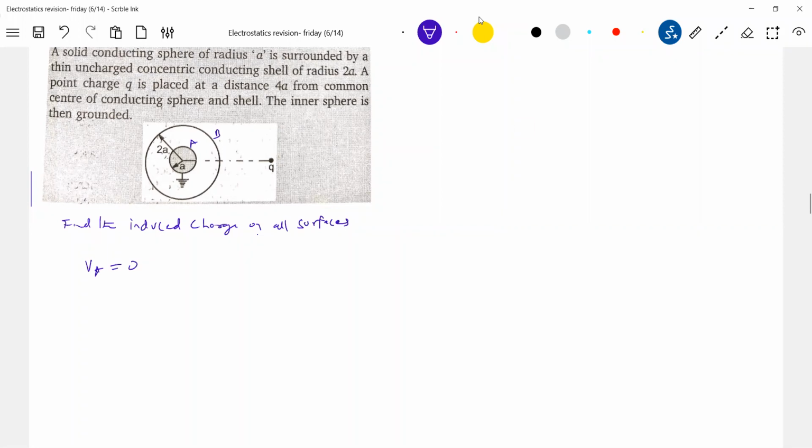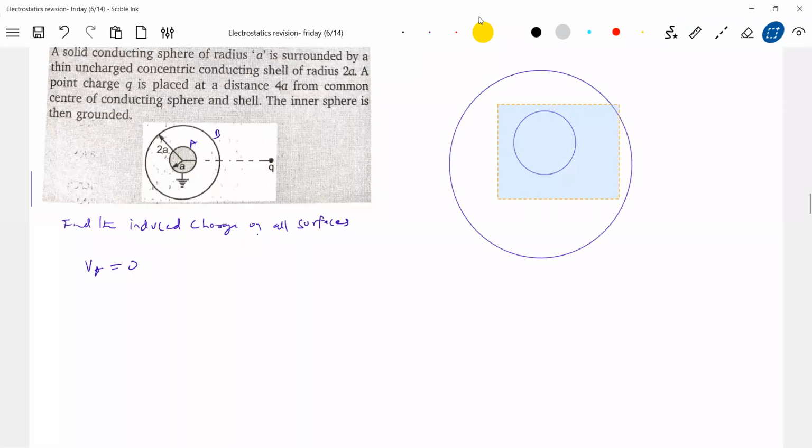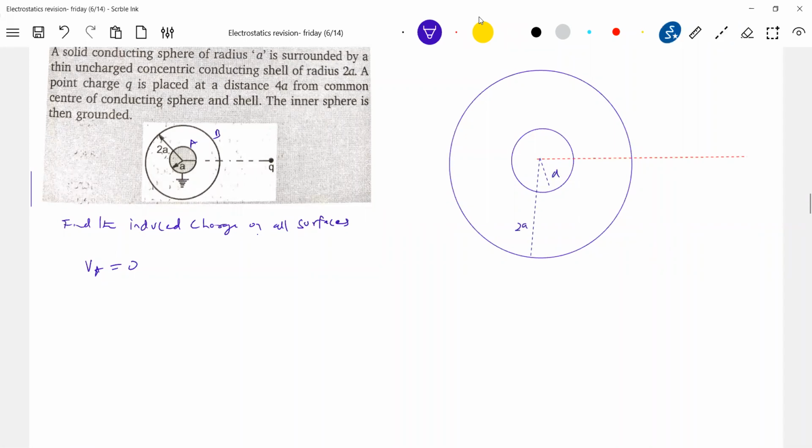Now what are the charges? There's also some good numerical. This is radius A, 2A, shell A, shell B. There's a point charge Q. This is earthed.